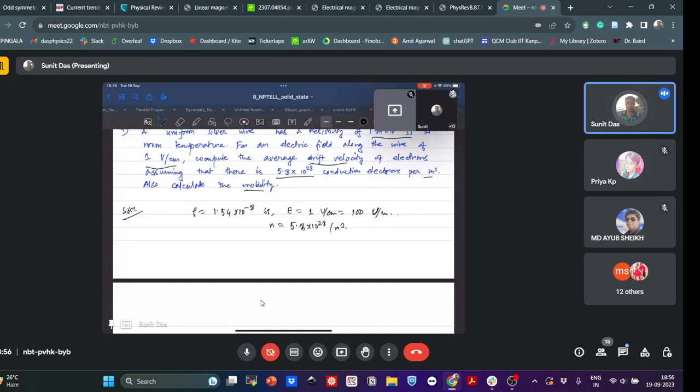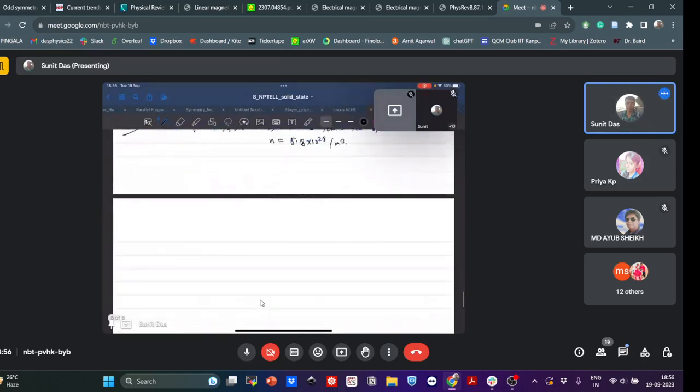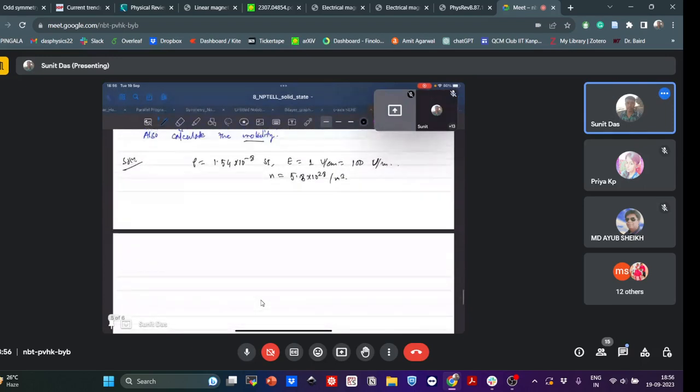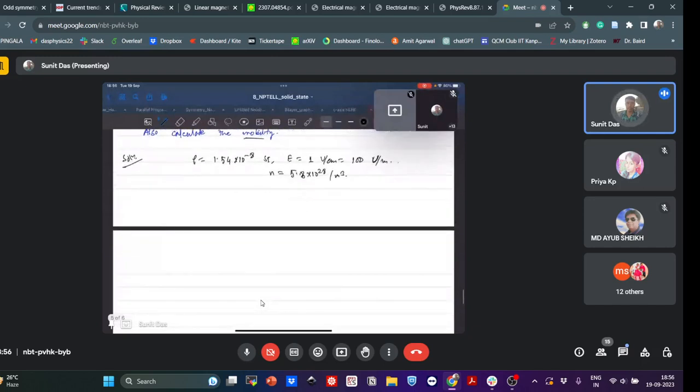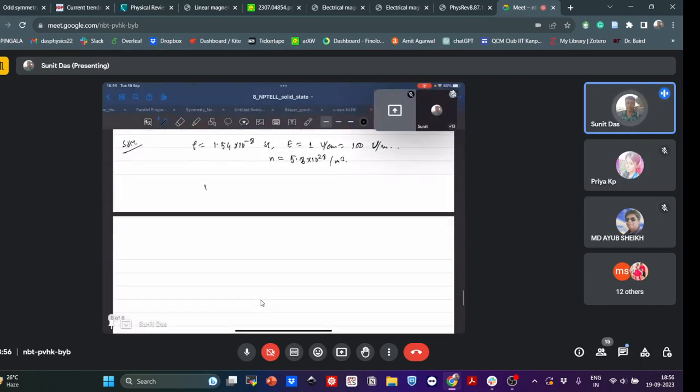First we need to find the average drift velocity, right? Also the mobility. Drift velocity is mu into electric field, mobility into electric field.